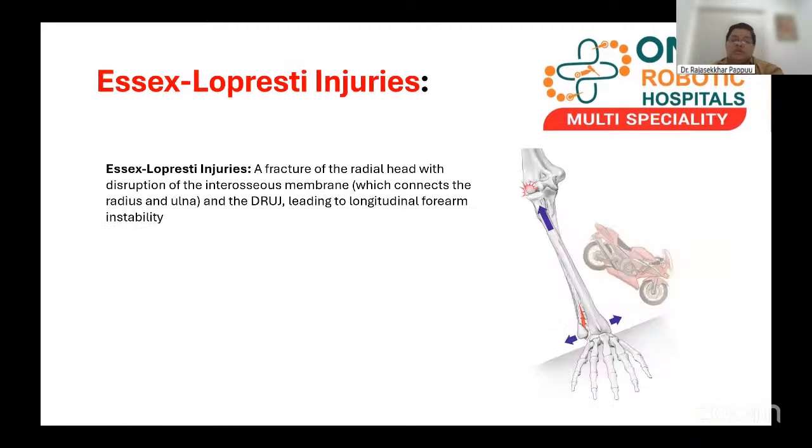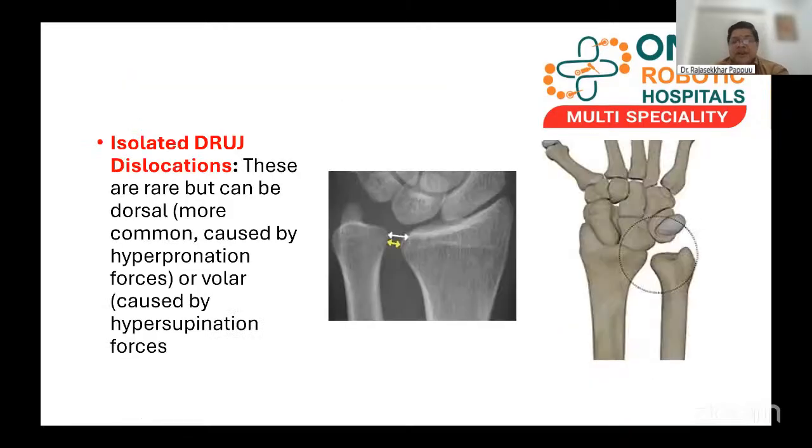Essex-Lopresti: here you see an elbow fracture, a radial head fracture, where there is a vertical transmission of force that will cause vertical disruption of the interosseous membrane and fracture of the distal radius. So it is very important to look for distal radioulnar joint instability whenever there is an elbow fracture or radial head fracture.